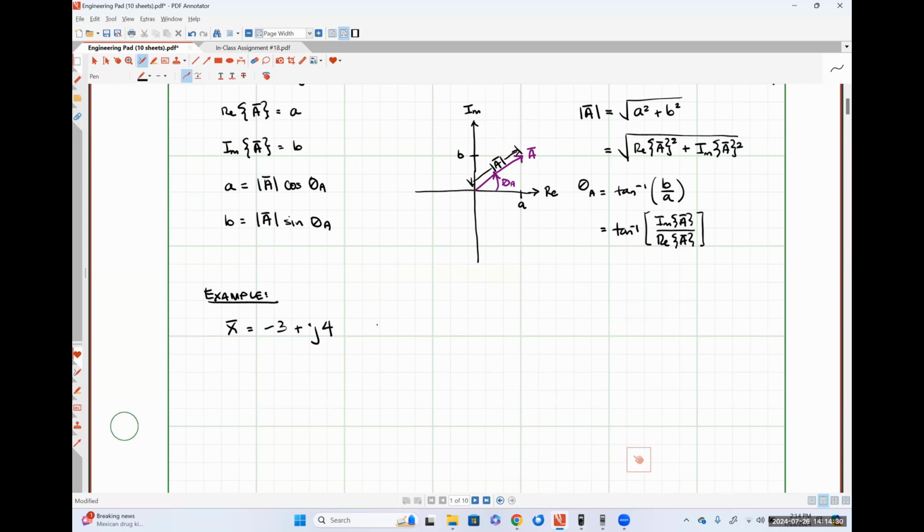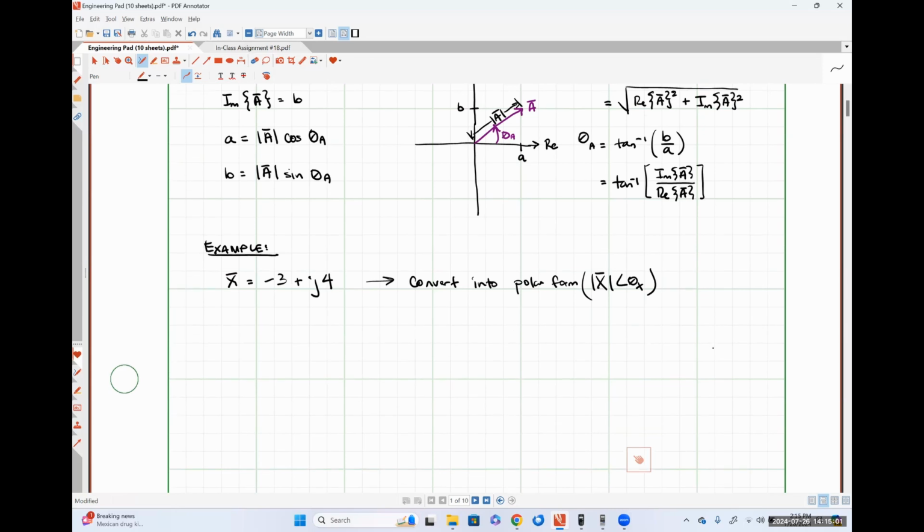And we want to convert this into polar form. That means that our expected result would be of the form magnitude x, angle theta x, like so.